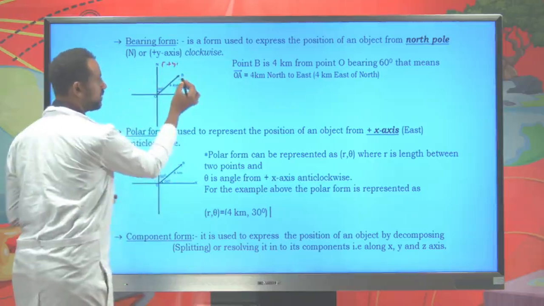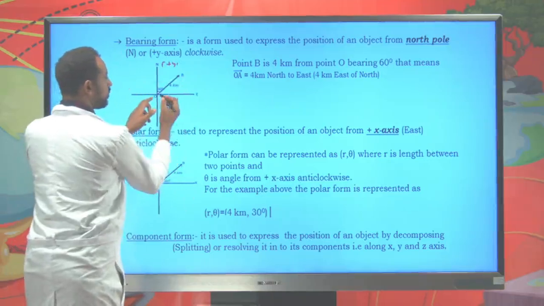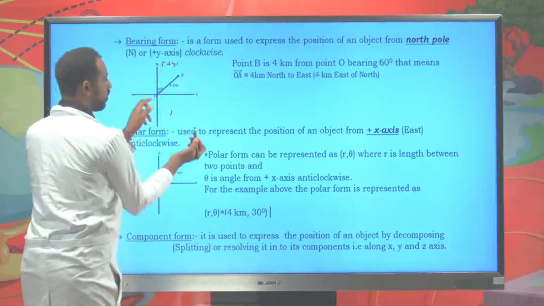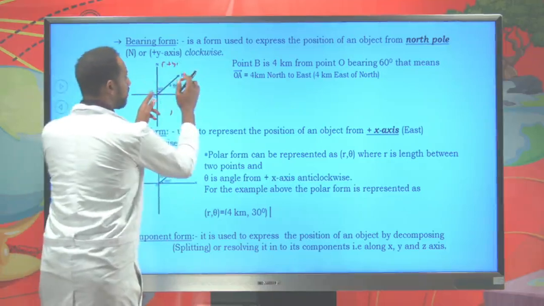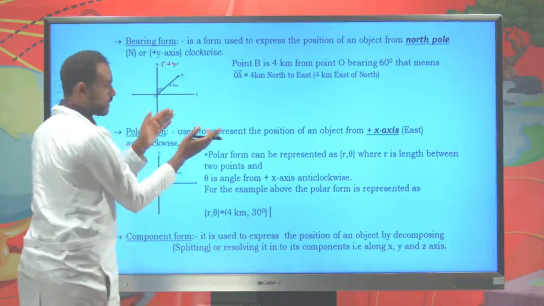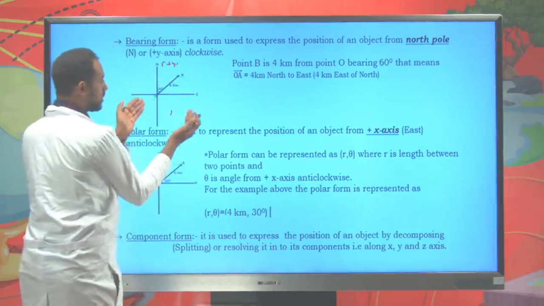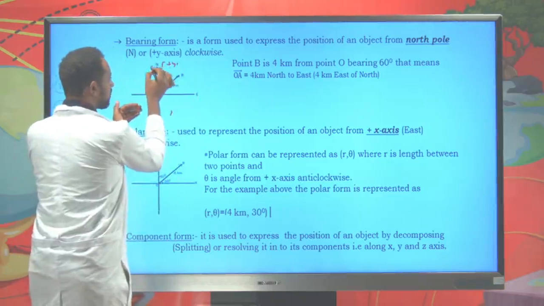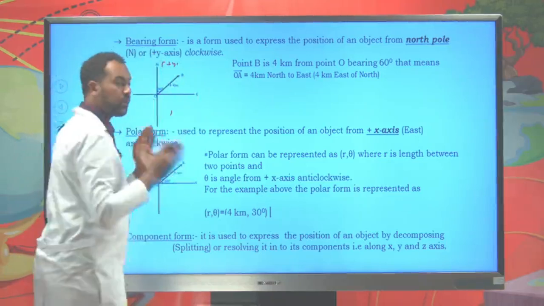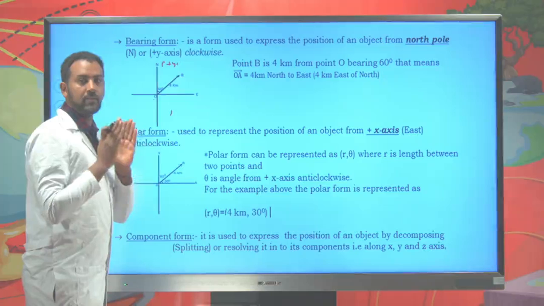Suppose here you have a point B, and point B is 4 kilometers away from point O. In which direction? Here it says it is 60 degrees from north. So bearing means you are always referring from north.